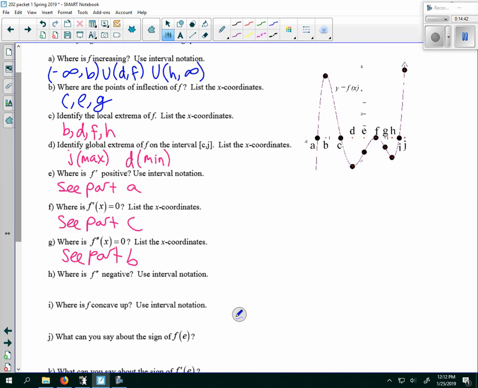So I want to look for places on the graph that are concave down, like a frown. So that is one. That's all concave down. Then we're up, up, up, up, down, and the rest is up. So my intervals where the graph is concave down would be -infinity to C, and then again E to G.